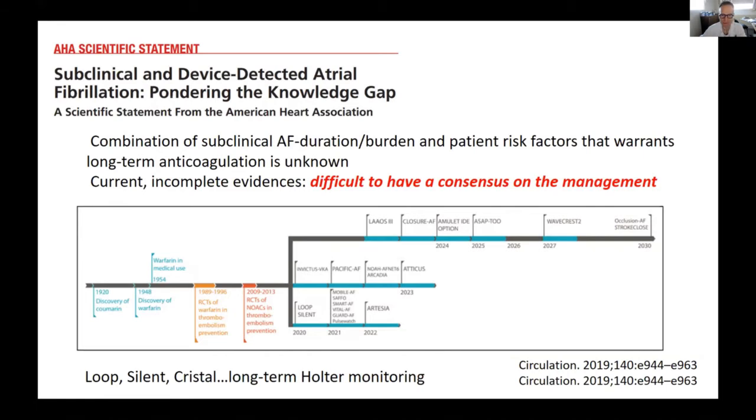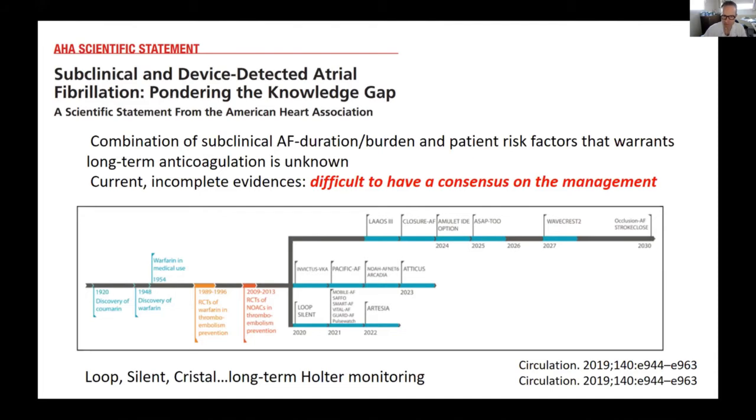So there are many problems here, and we can discuss, for instance, the implementation of long-term Holter monitoring, but there are studies going on. It's quite expensive. We cannot provide long-term Holter monitoring to every single patient who had a stroke or palpitations. So we have to define who are the good candidates for this long-term Holter monitoring.